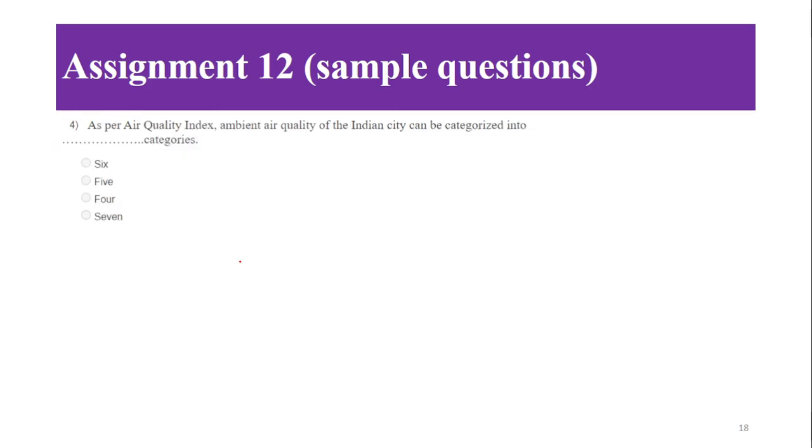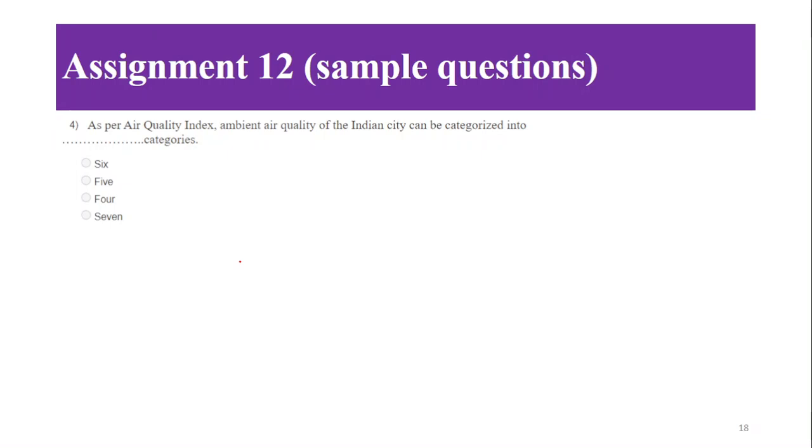As per air quality index, ambient air quality of the Indian city can be categorized into dash categories. What is the correct answer here? Can anybody give me the answer for this? How many categories are there in air quality index?